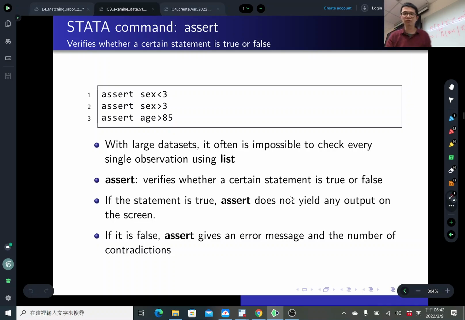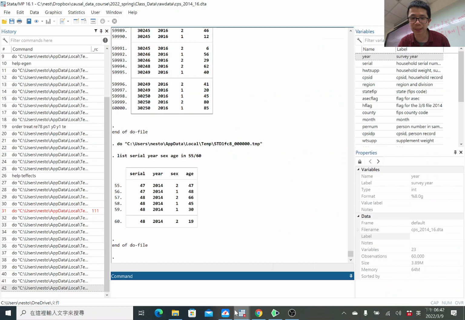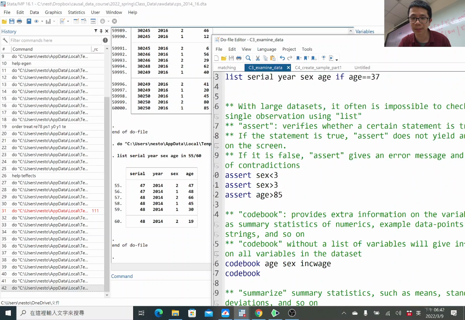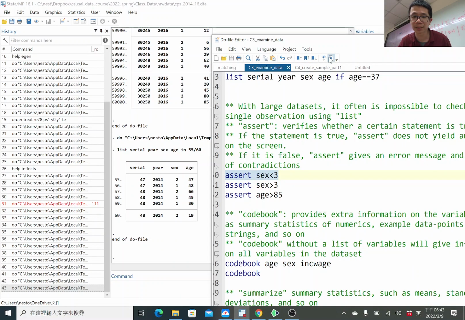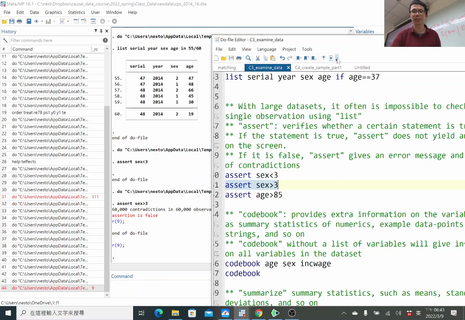So if you implement this, it will look like this. Assert says nothing because sex is either 1 or 2, so this statement is true. But you can use this to check whether you have some abnormal observations.